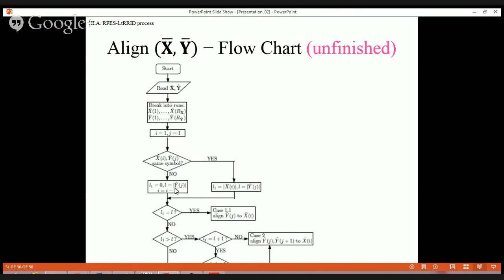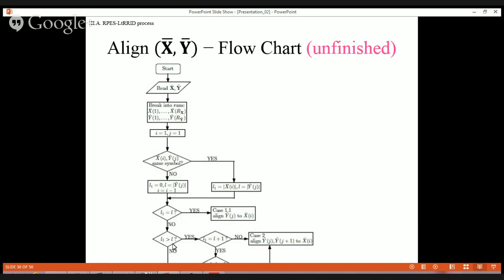That is, we match the Y run to an empty run, and set the length L to be the length of the Y hat run. If they are composed of the same symbol, then L1 is just the length of the X run, and L is just the length of the Y hat run. Then we first compare whether L1 equals L. If L1 equals L, then it's case 1.1. There is no edit, and we can align this Y run to the X run.